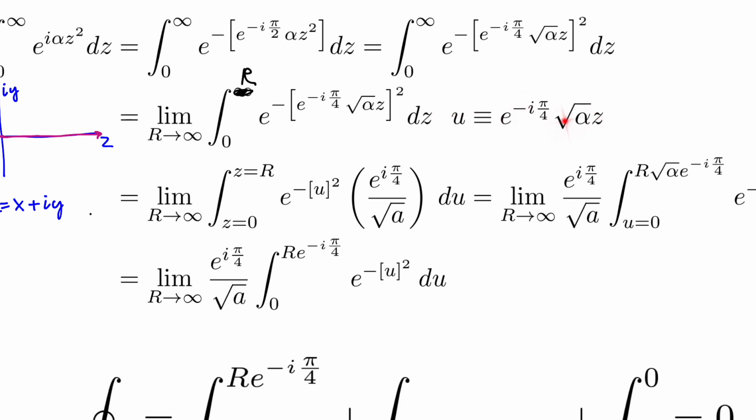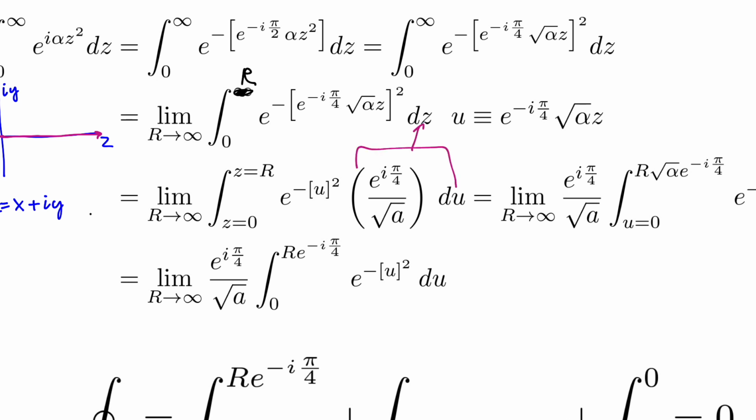So after we make that substitution, du becomes e to the minus i pi over 4 square root of a dz, right? So du equals this times dz, and then I have to take this over to the other side, and you end up with e to the i pi over 4 over the square root of a du replaces dz. In other words, this equals dz.